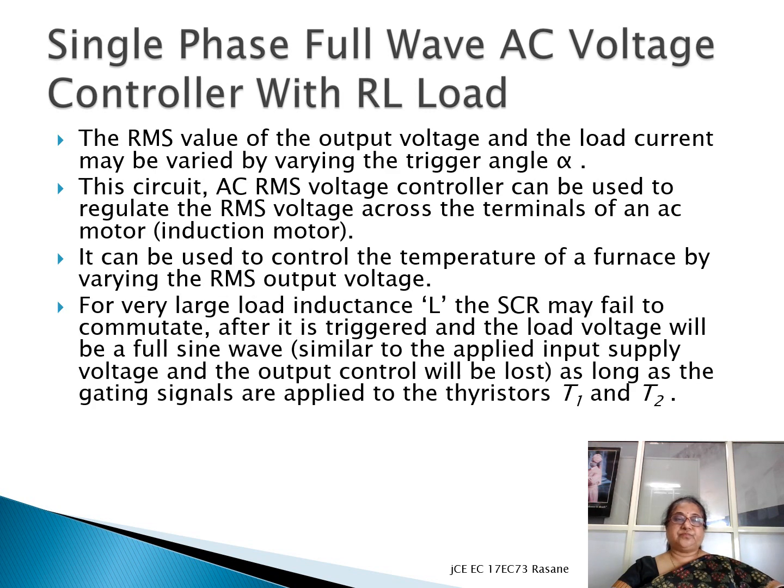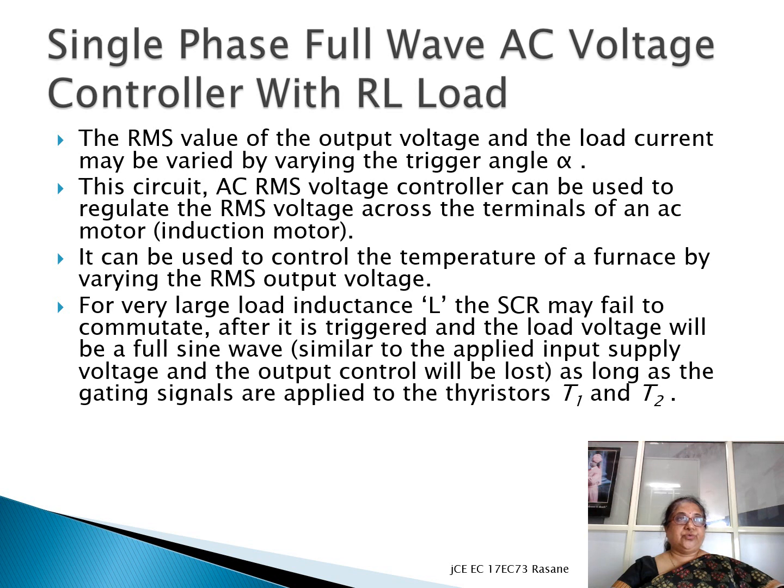So for a very large inductive load L, the SCR may fail to commutate after it is triggered, and the load voltage will be a full sine wave similar to the applied input voltage, and the output control will be lost.